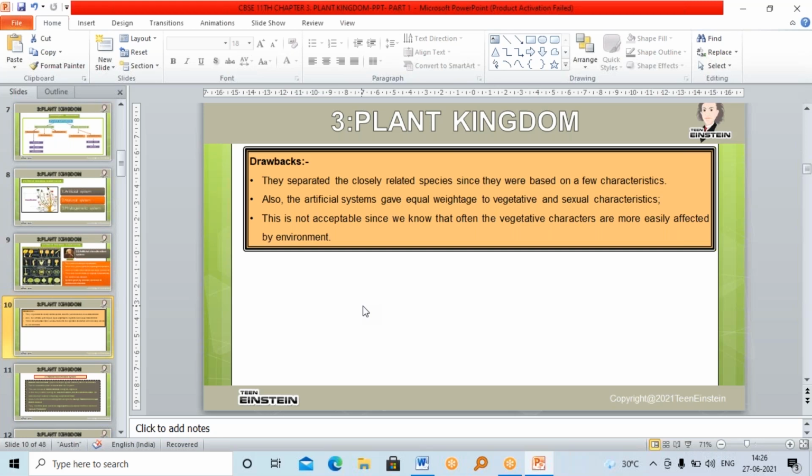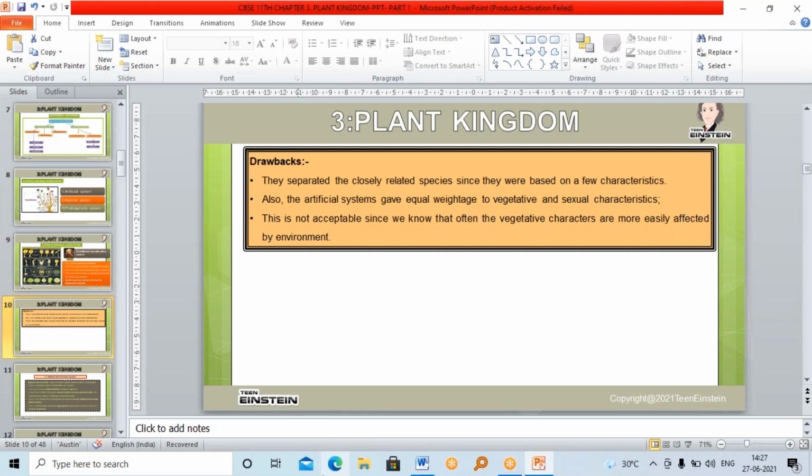In this classification, they gave equal weightage to vegetative and sexual characters. So this is not acceptable. What do you mean by vegetative characters? Vegetative characters can be easily affected by the environment or climate change. If one plant is growing in a desert and one in a normal climate, even with the same seed the growth pattern will vary.